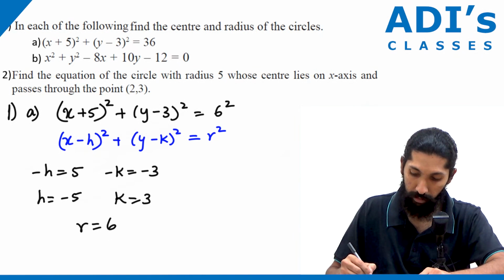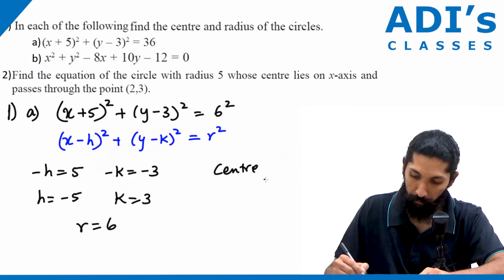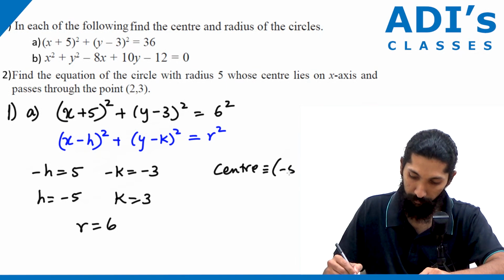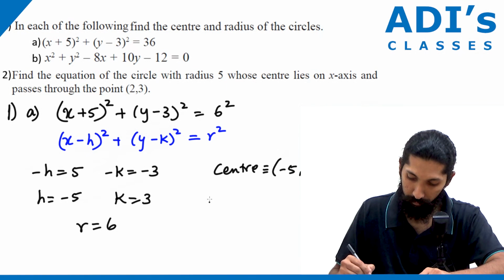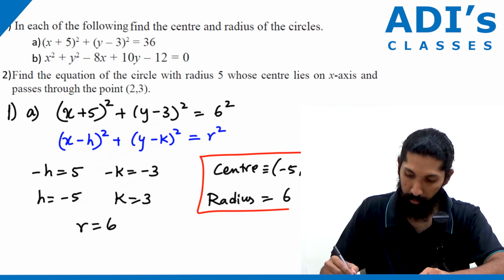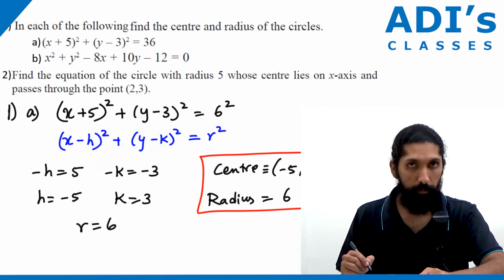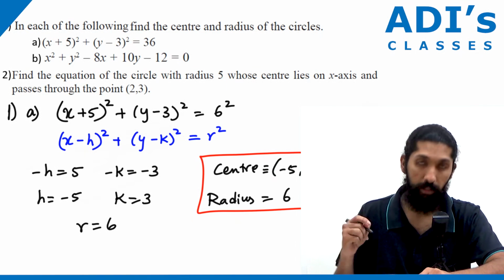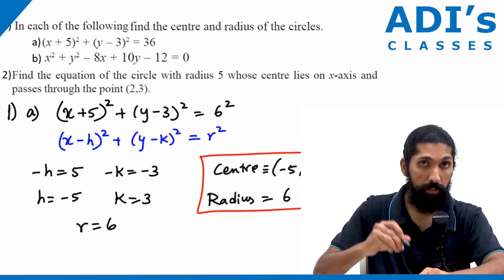That means the center is h comma k, which is minus 5 comma 3, and the radius is going to be 6 units. So the answer to this question is: center is minus 5 comma 3 and the radius is 6. Got it?